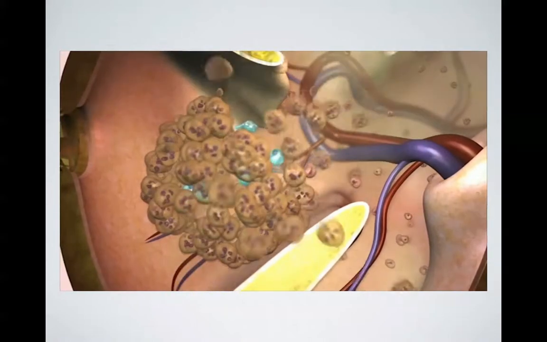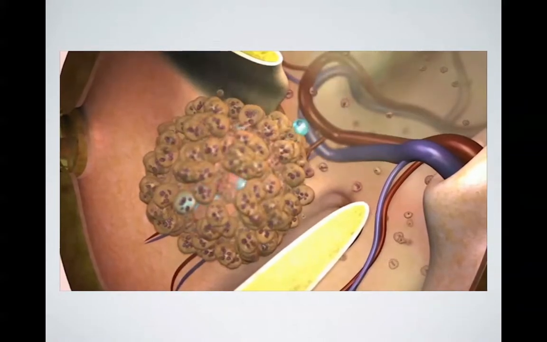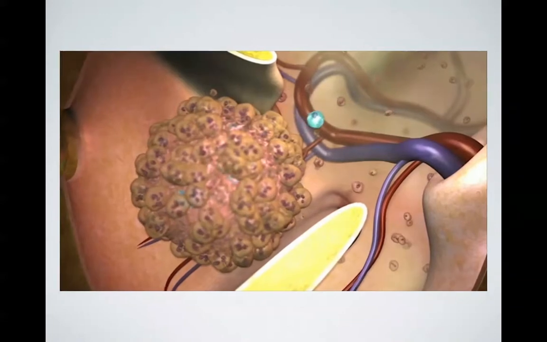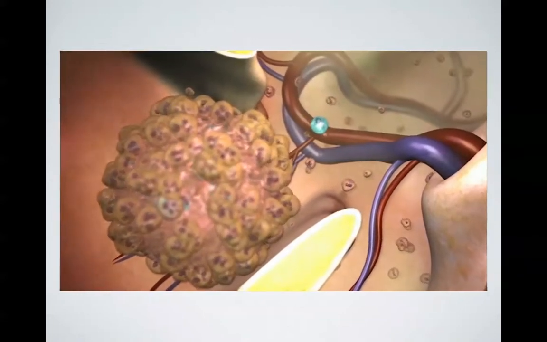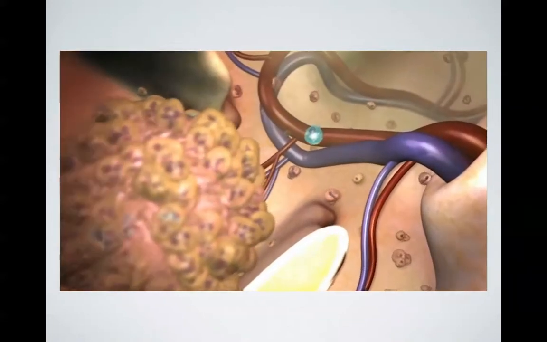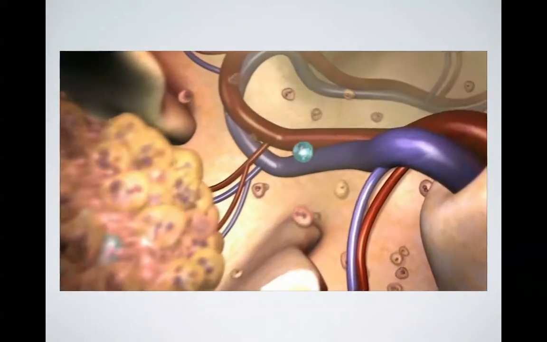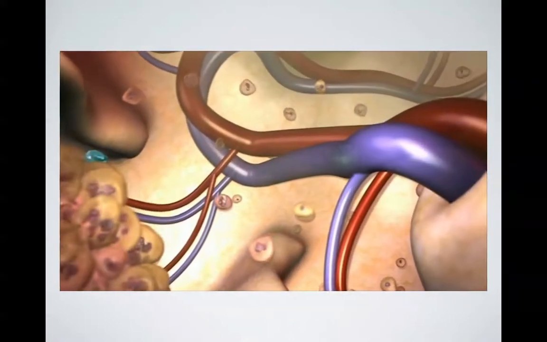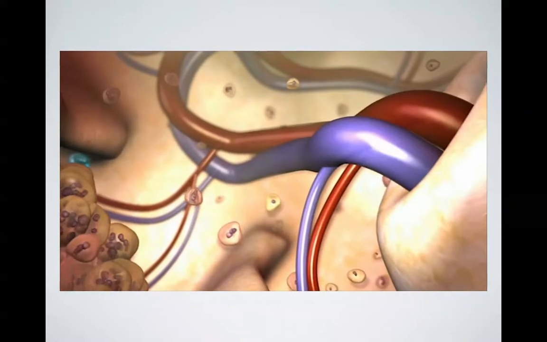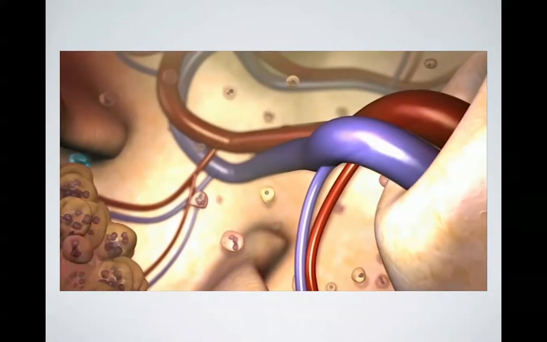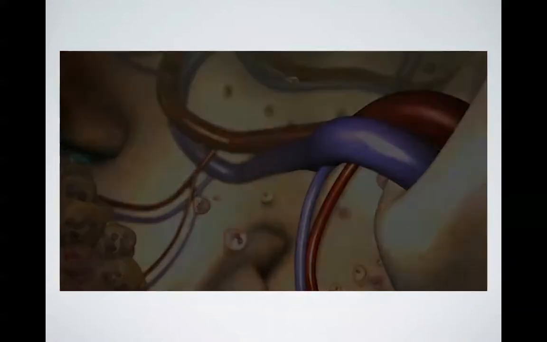However, from time to time, one of those macrophages may get out and make its way into the bloodstream. So our body's made this granuloma, this ball of cells and tissue. However, one of the cells gets out, and eventually that macrophage will also die, releasing tuberculosis bacteria into the bloodstream. And that's how we contract tuberculosis.